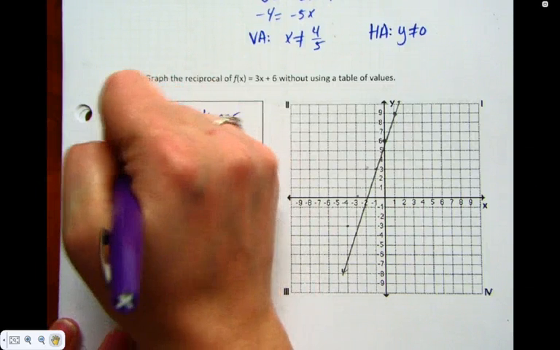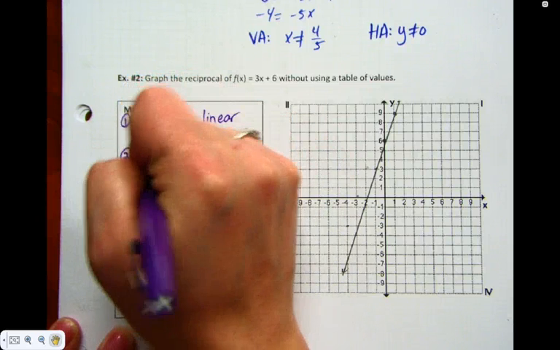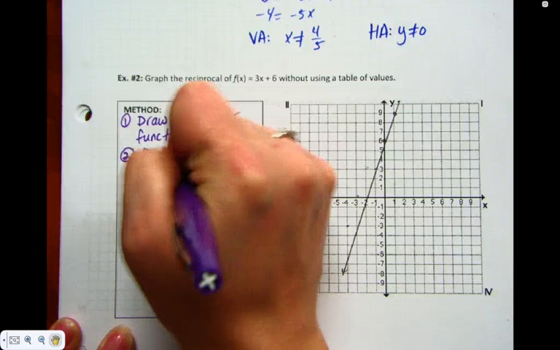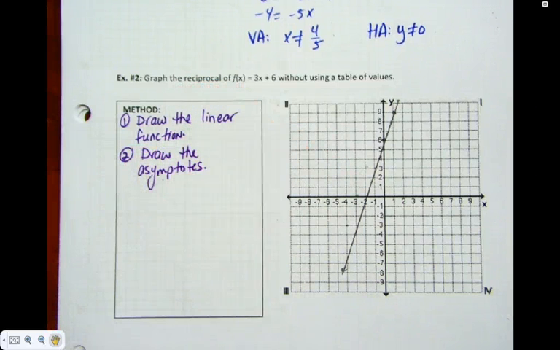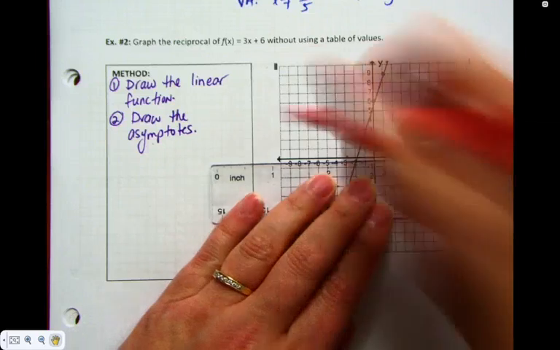Step number 2, draw the asymptotes. I always start with the horizontal because it's like the idiot asymptote. It's never going to change till next year. It's on the x-axis. It has to be dotted and it has to be red.